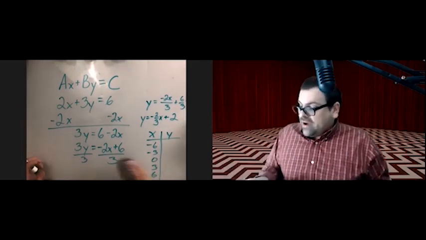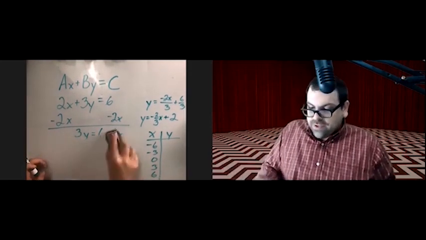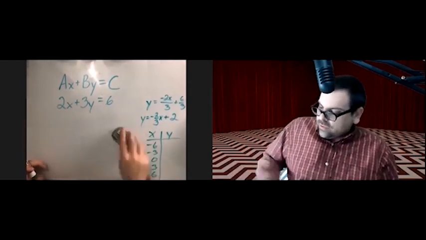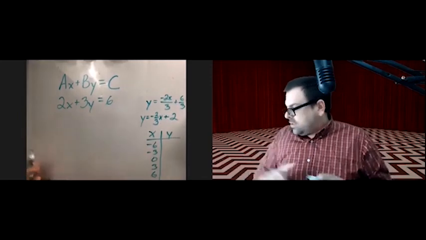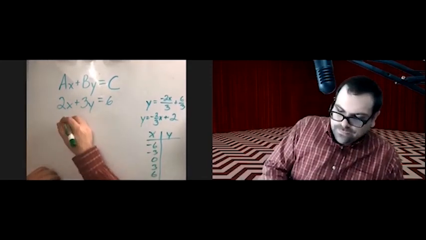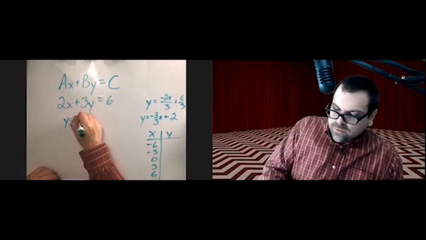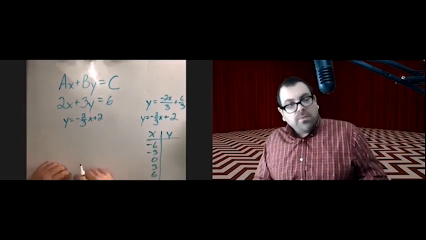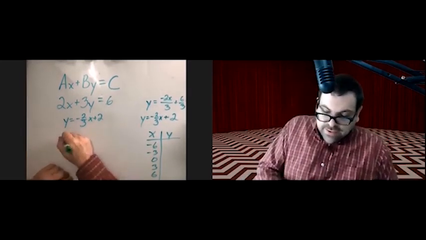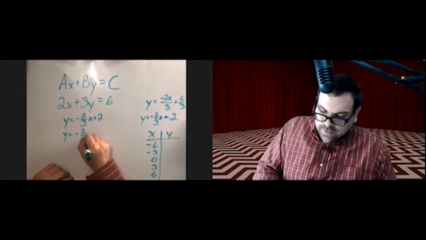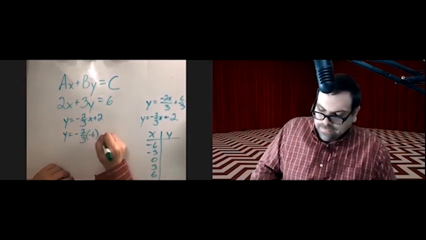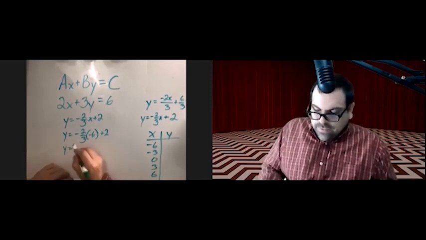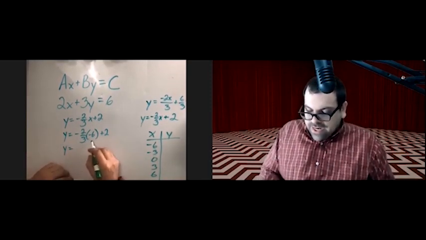How do we find y values when we have x values? We plug them in, like the old Glade commercial. So we have y equals negative 2/3 x plus 2. What about when x is negative 6? Well, negative 2/3 times negative 6.